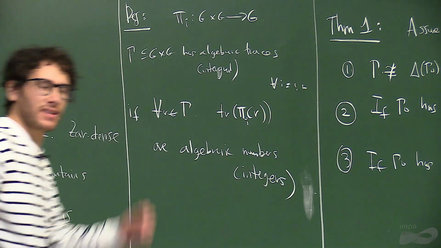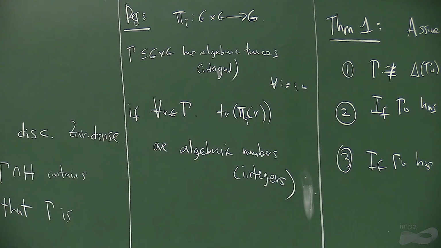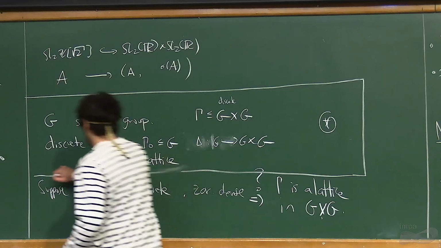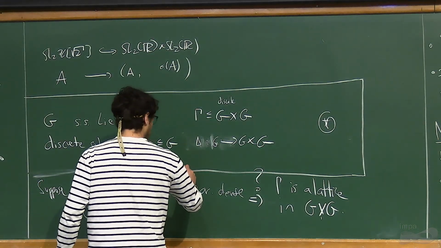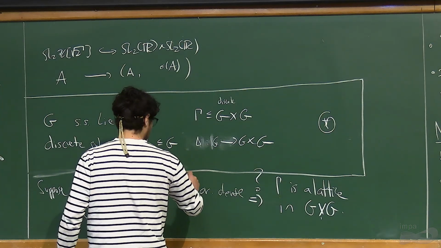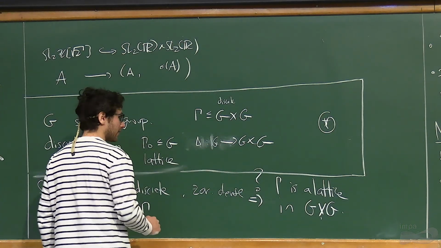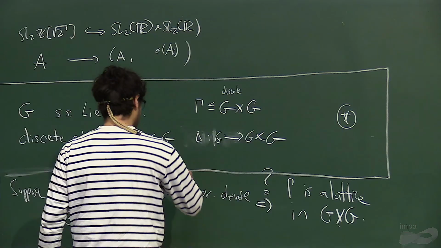Yeah. You are assuming that delta of gamma contains gamma. Delta, yes, I'm assuming this here. Also Zariski dense? Am I assuming also Zariski dense?